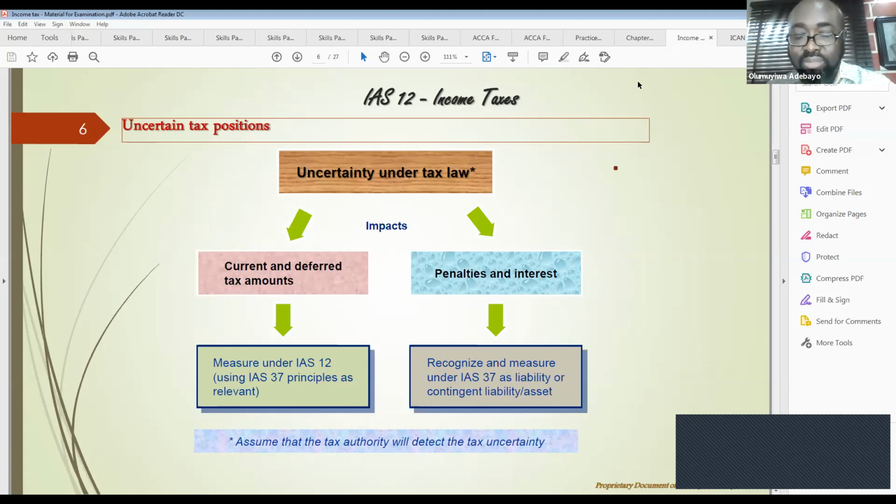And that's the position of the tax law, the position of the standard, both IAS 12 and IAS 8, which then means that adjustment for changes in tax arising from judgment, assumptions, and other interpretation will be adjusted prospectively, not retrospectively.